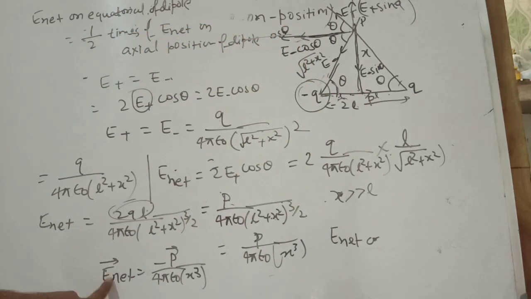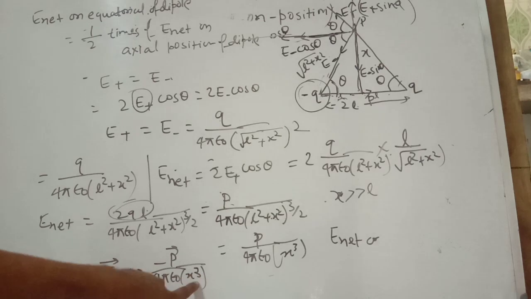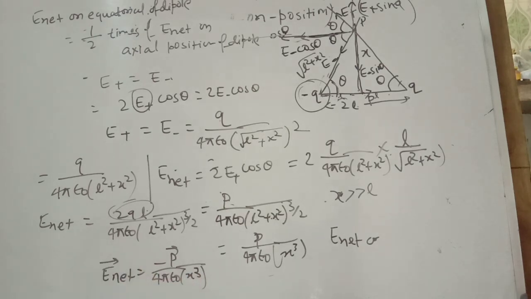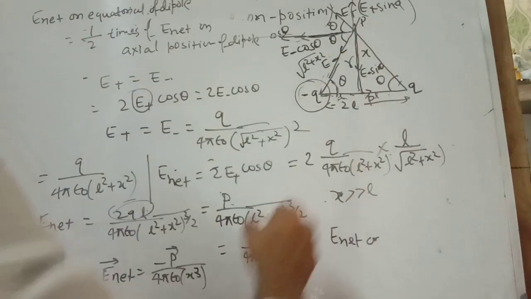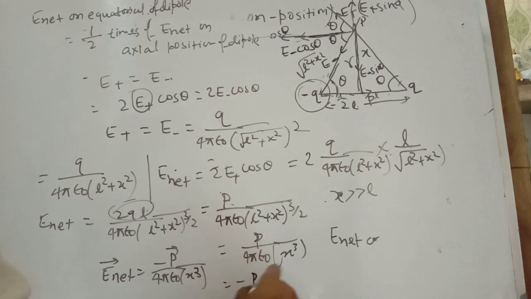If we consider x as r, it becomes minus P over 4 pi epsilon naught r cube.